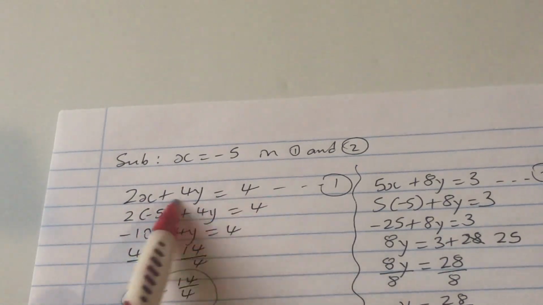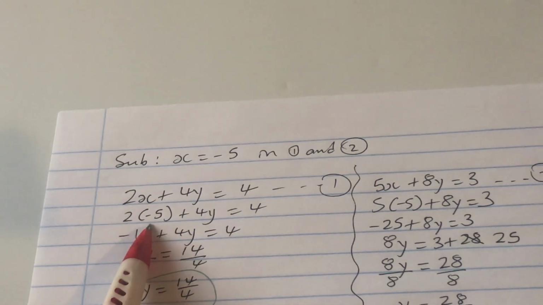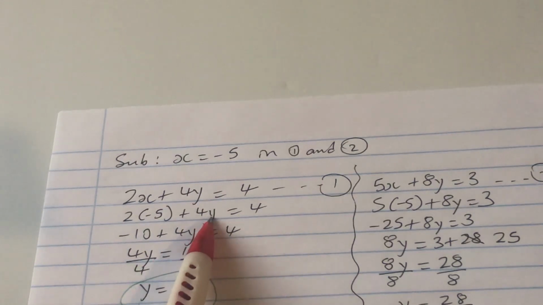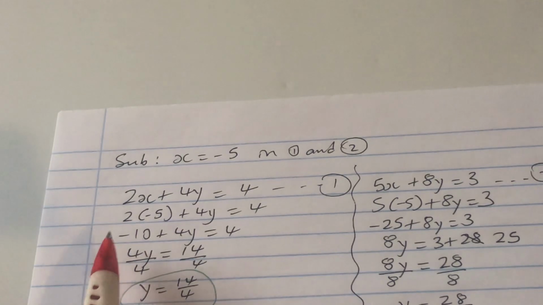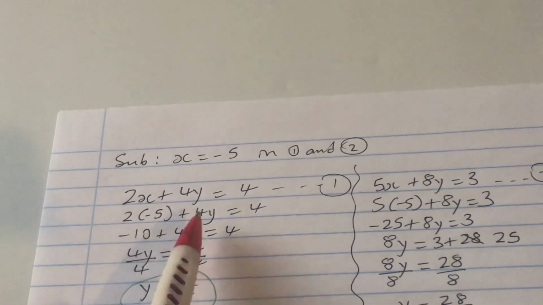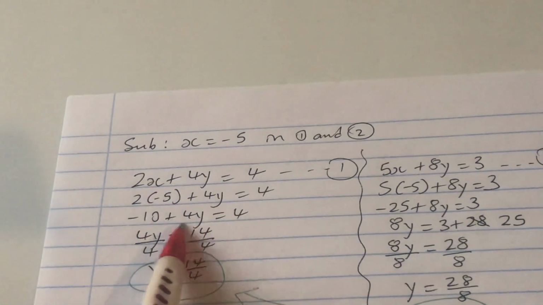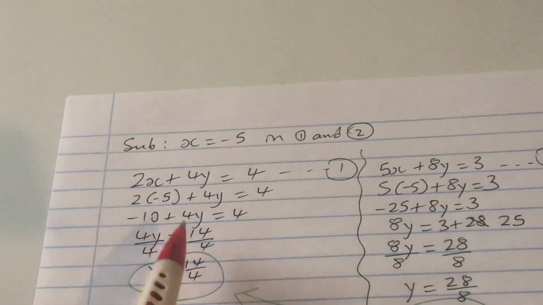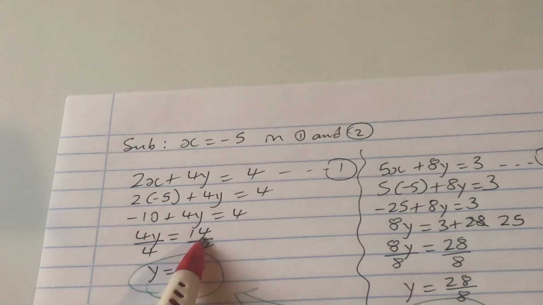In equation 1, where there is x, I've put minus 5. It means that I'm going to solve for y now here. Doing all calculations, 2 times minus 5 is minus 10, plus 4y equals 4. Solving for y, you take minus 10 to the other side, it will become 14. Then 4y equals 14.